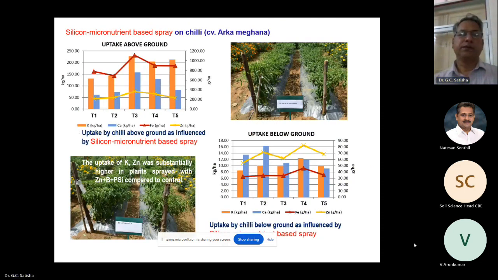We also noticed very good uptake of calcium, potassium, and zinc. In the root system below ground we did not notice much accumulation, probably because of low mobility in the roots. With foliar application, these elements might have taken up more.